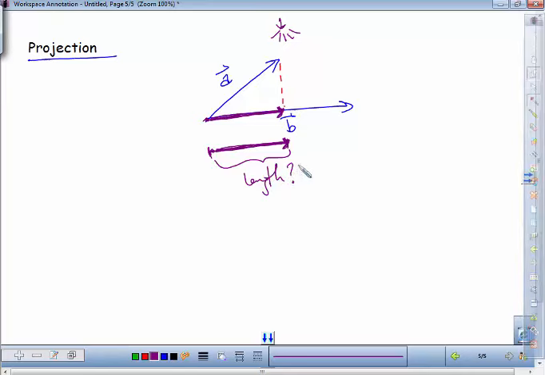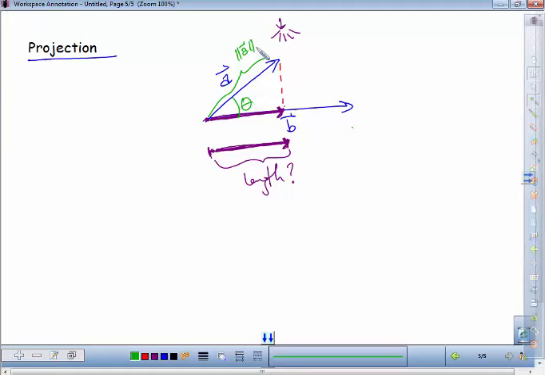Well, how would you find the length of that? Oh, so there's some cosine theta. If we introduce this angle between them, and we know the vector A, and so we must know the length of that vector, the magnitude of A, then we can use some sort of trig, right?